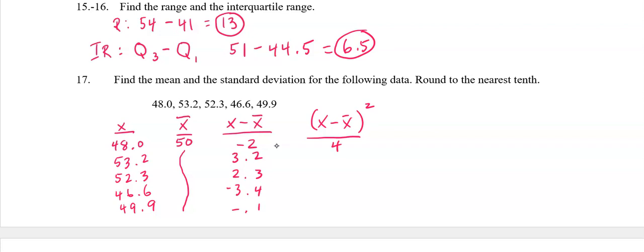So -2 squared is +4. 3.2 squared is 10.24. 2.3 squared is 5.29. -3.4 squared is 11.56. And -0.1 squared is 0.01.